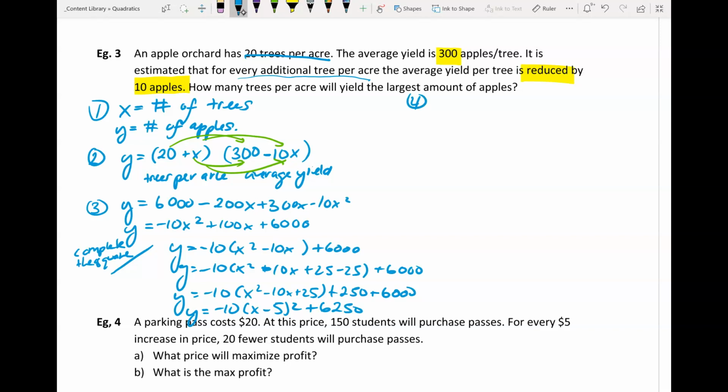So step 4, we're going to read off our vertex. So x is 5 from our vertex, and this is the number of additional trees we're going to add. So we have 5 additional trees.